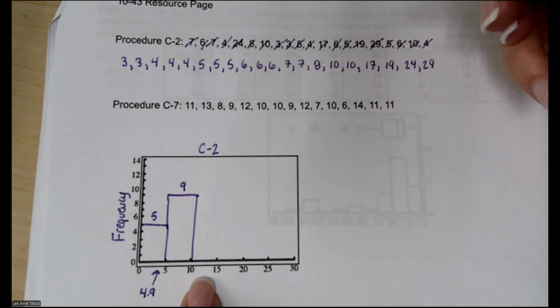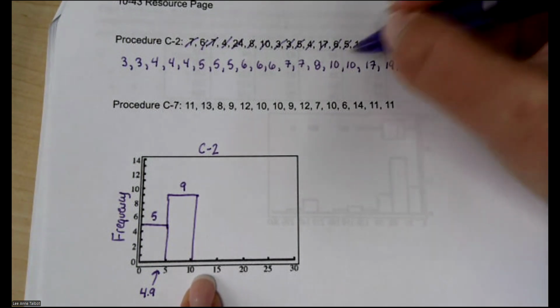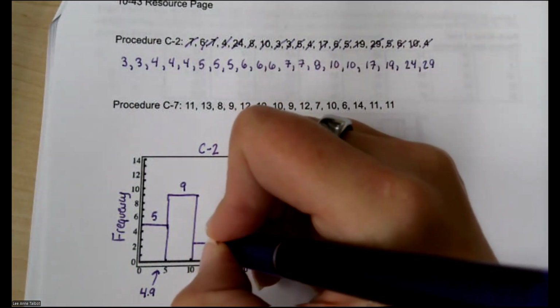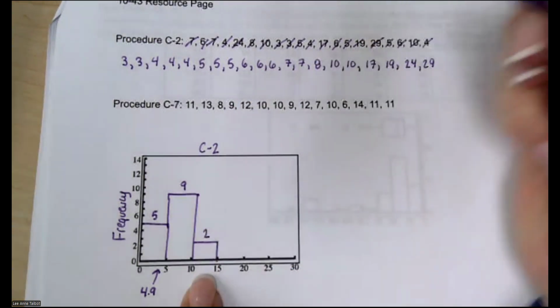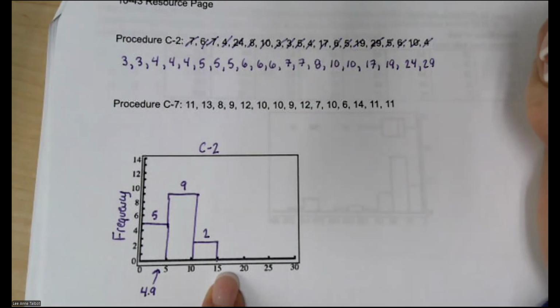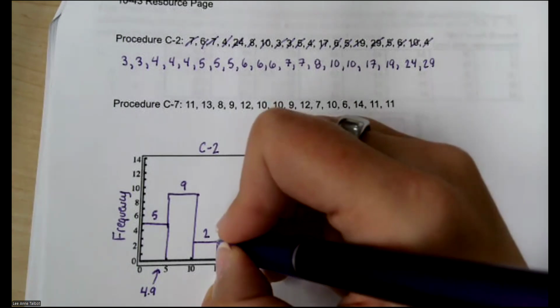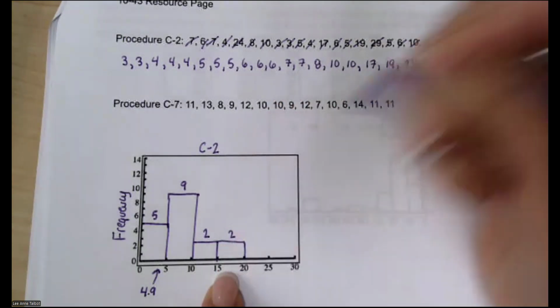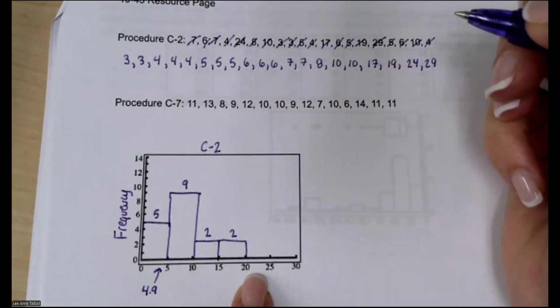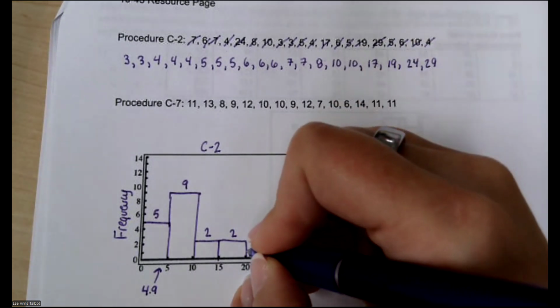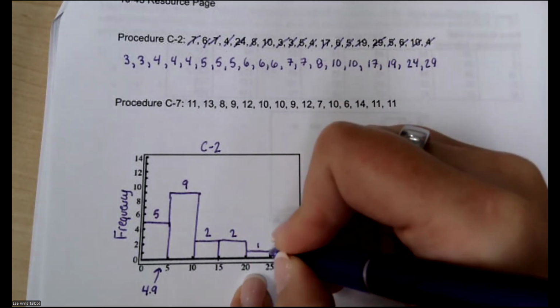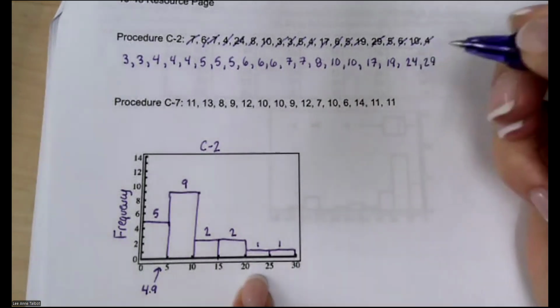Correct, that's true. But I mean, what's the width of it? Like 10 to what? Perfect. 10 to 14.99. There's only two of those. 15 to 19.9. Two of those. One of these. And one of these.